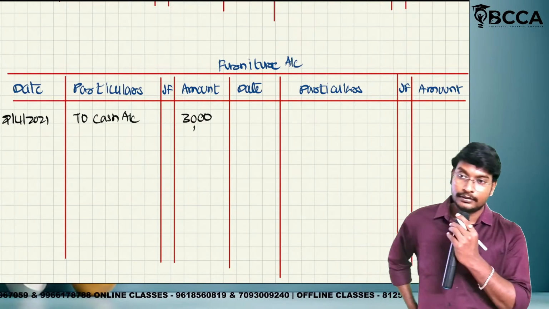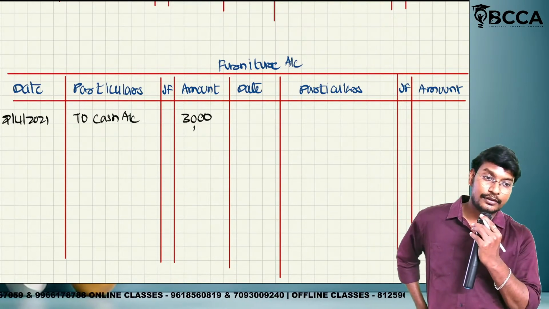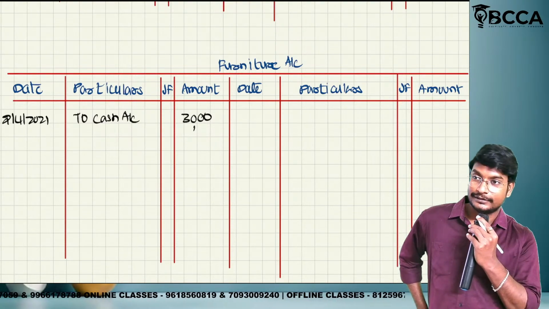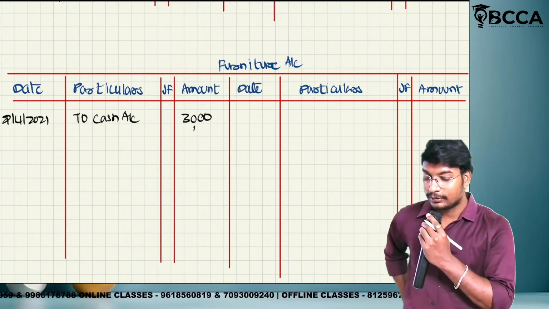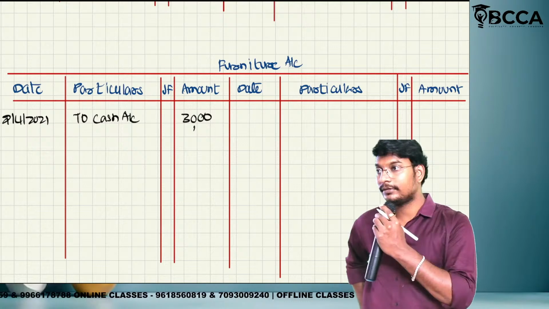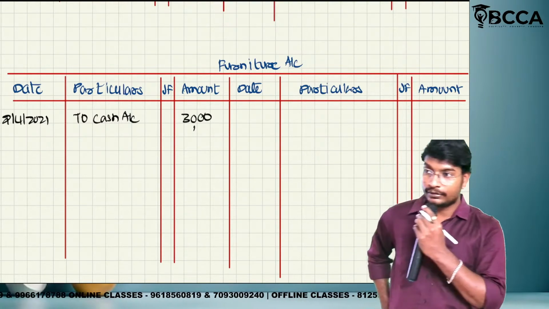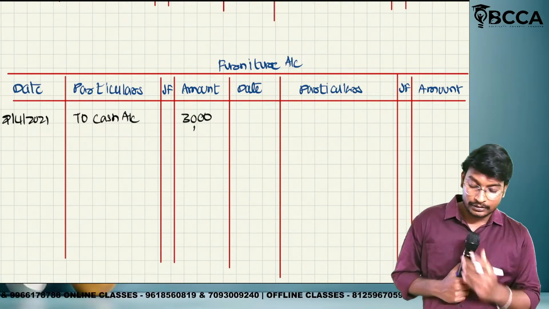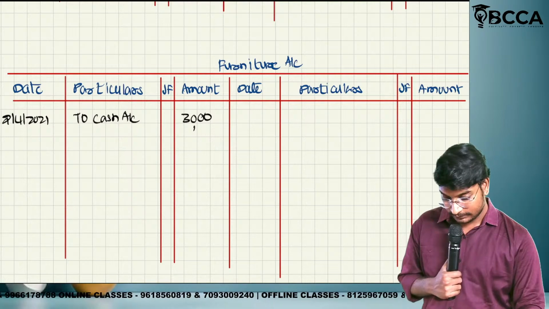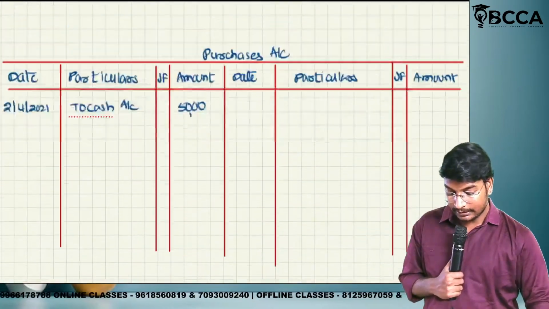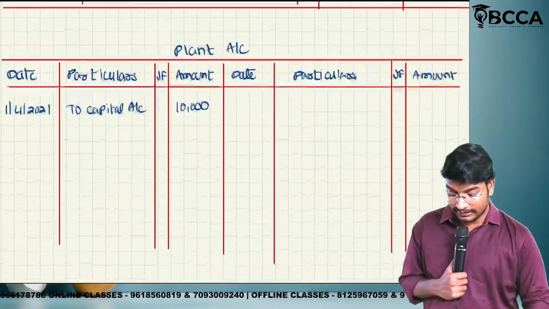Okay, guys. If you want, you can write the T shape also, no problem. Okay? Or otherwise, since we are doing only one sum, we can do the full-fledged one. Your wish. Completed? What is the third journal entry? Sorry, the third one is completed. What is the fourth journal entry?